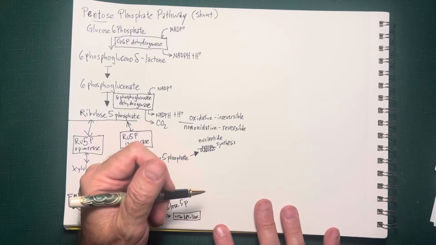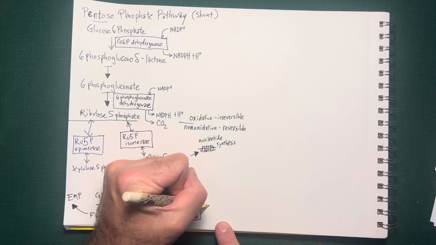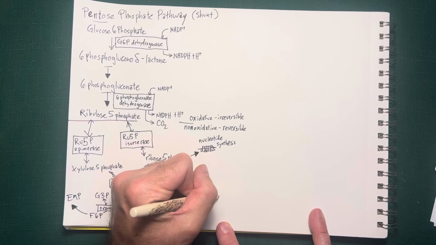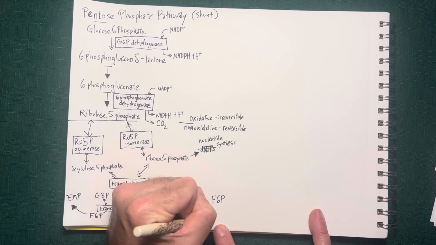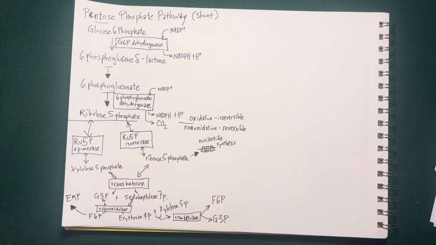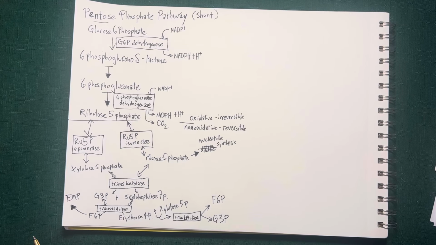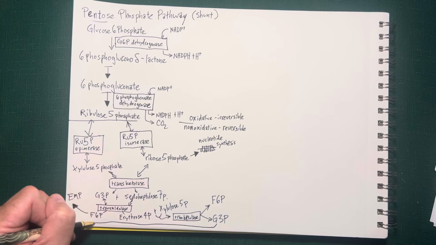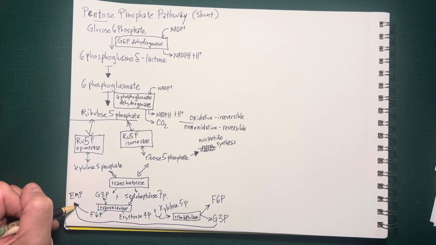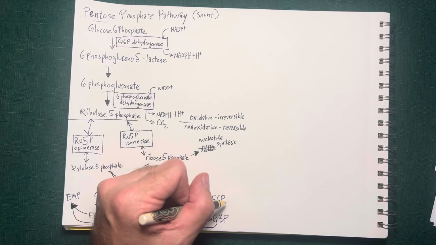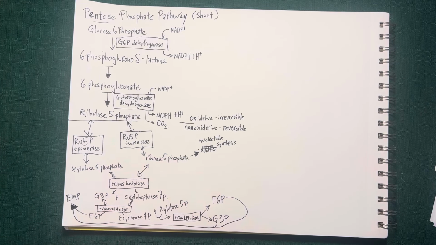Same enzyme, and we've got 9 carbons here. We can get a molecule of F6P and a molecule of G3P. And both of those can make their way back into Embden-Meyerhof. Just going to make a shortcut there.